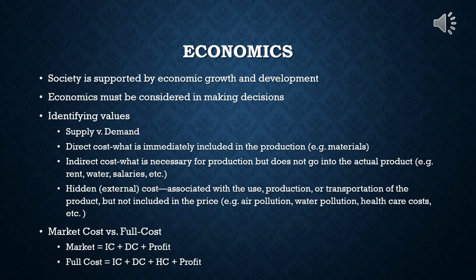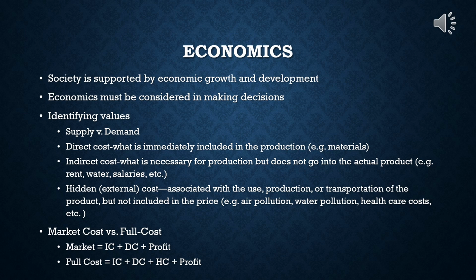These three values, direct, indirect, and hidden, work together to give us this idea of market cost versus full cost. The market cost is made up of all of the indirect costs, plus the direct costs, plus the profit that the company wants to make.